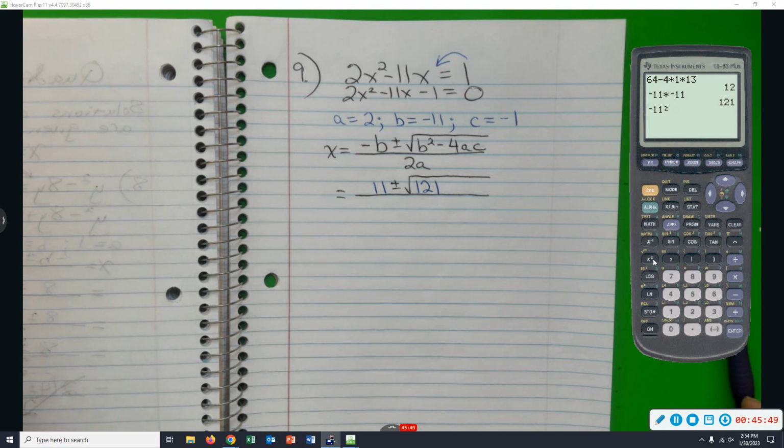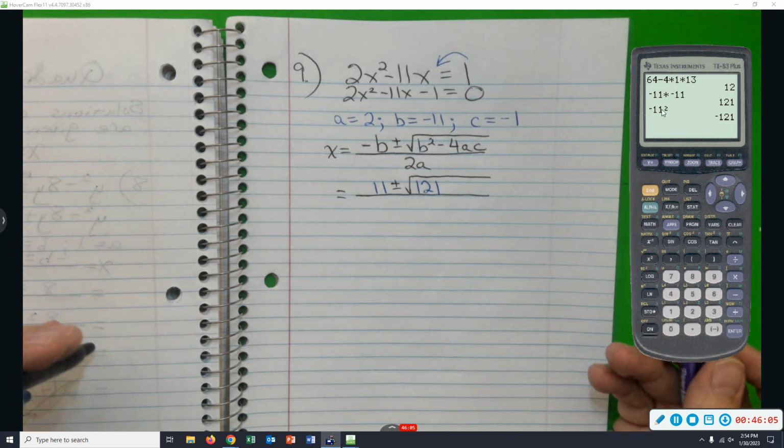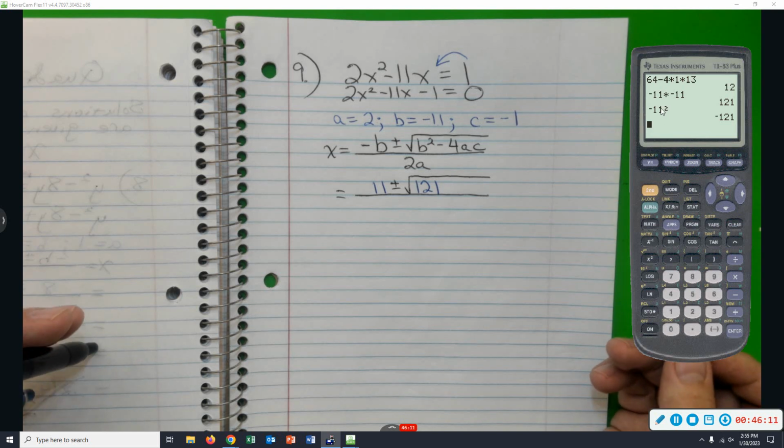And if you look at this calculator, negative 11 squared, what's that going to give you? Why is it giving us the wrong answer? Remember my little rule? That negative in front there, is it being squared? The only thing being squared, if you draw a little dotted line, all you hit is that 11, not the negative.